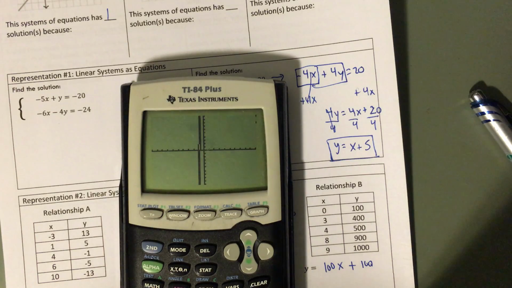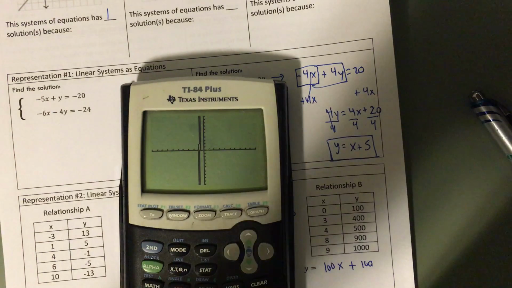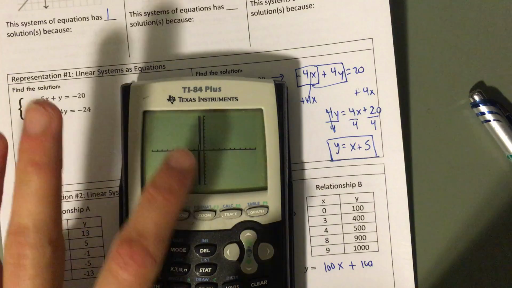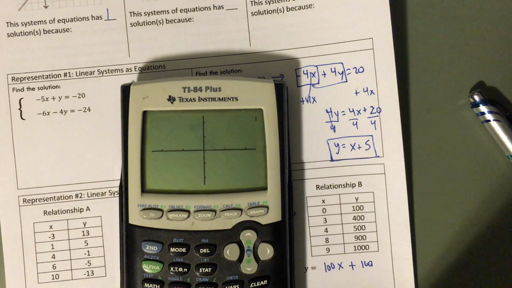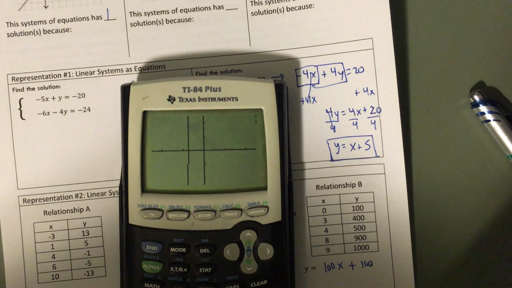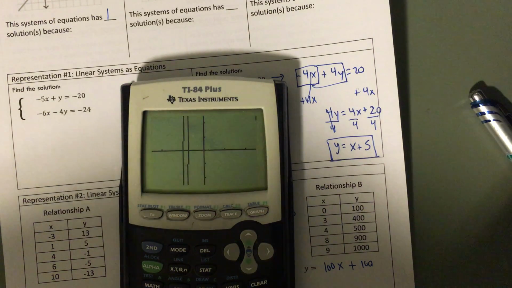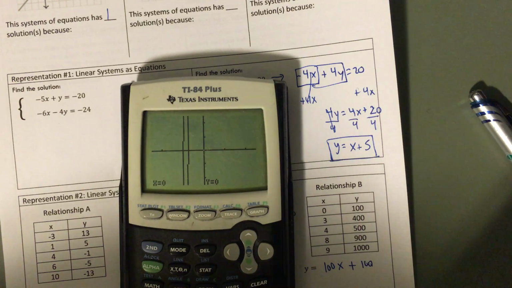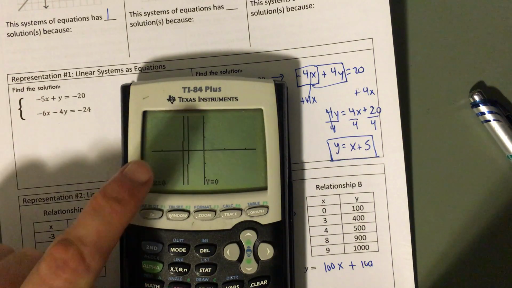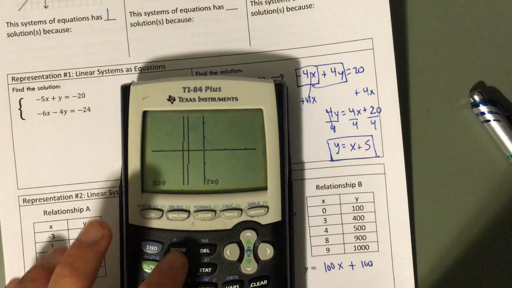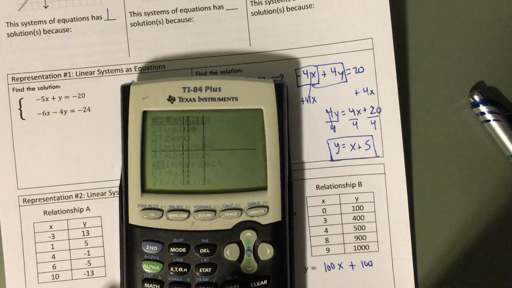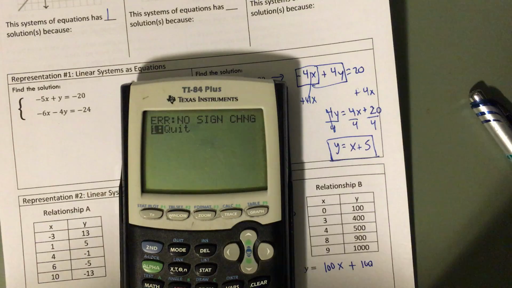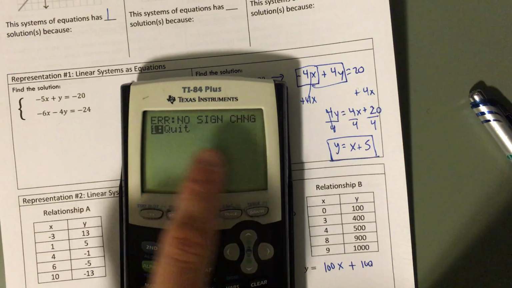I just had a line shoot way up and another line shoot way up, right? If you see how they're kind of close together, you could zoom in. Whoa. Okay. So those lines are going up pretty quick. If you notice in this picture, they're not actually touching, but if I do calculate intersection, first curve, second curve, it's saying that there's an error.